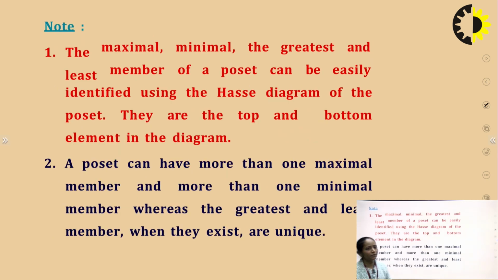So what is the difference between minimal and maximal elements and greatest and least elements? The maximal element can be more than one, but the greatest element is always the top element.